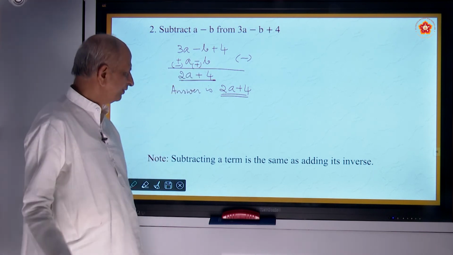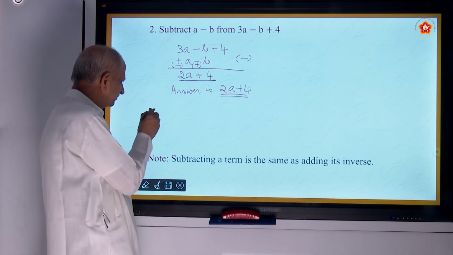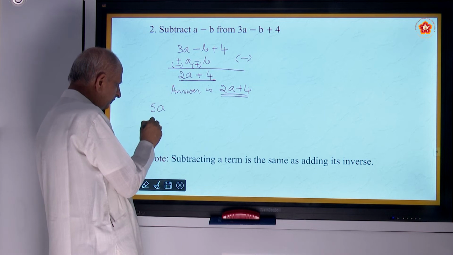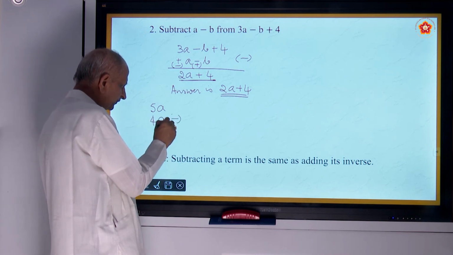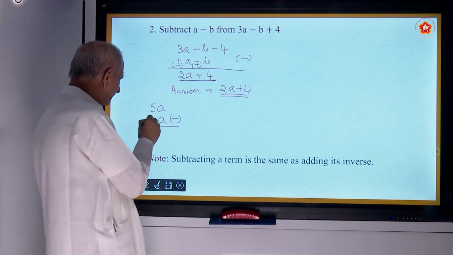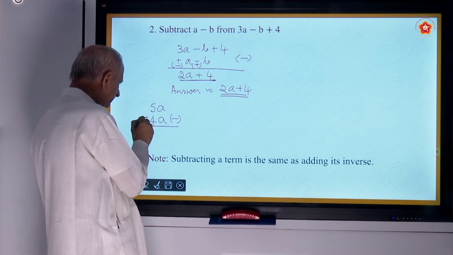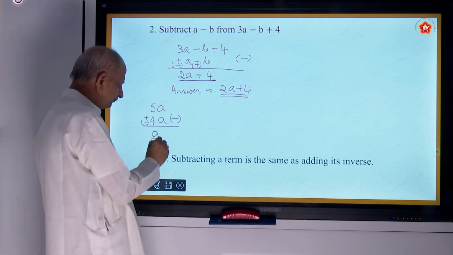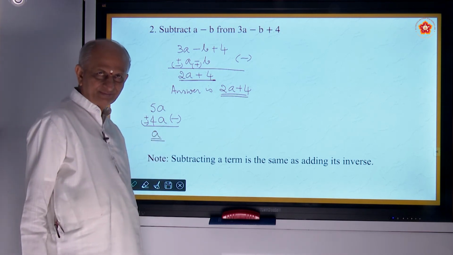Okay. So I will give one or two simple examples of changing the sign and adding. So 5a, you may note down, minus 4a. We already studied it in the previous class. So plus becomes minus, add it, becomes a. Correct?